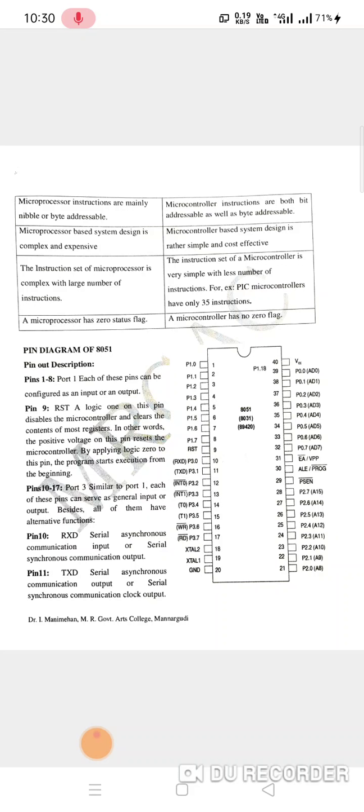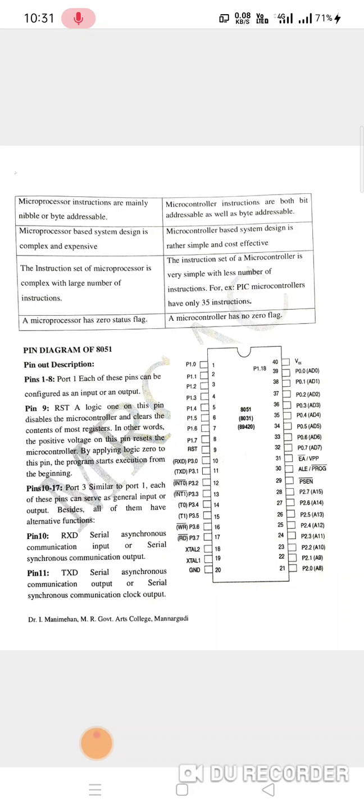It is a multifunction pin, used for the lower order address bus as well as the data bus. Okay, in descending order from pin number 39 to 32, these are port 0.